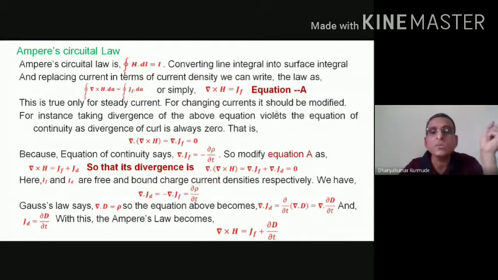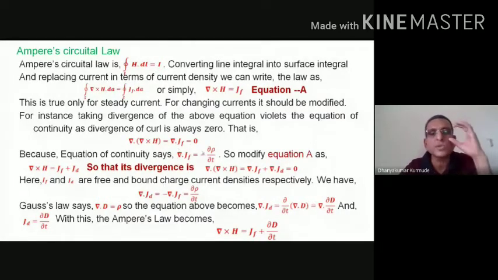Now what is the equation of continuity? The equation of continuity is related to the conservation law of charge. What is conservation of charge? The conservation law of charge says that charge cannot be created and it cannot be destroyed. Total charge is conserved. So this equation of continuity is related to conservation of charge. Now what does it say?